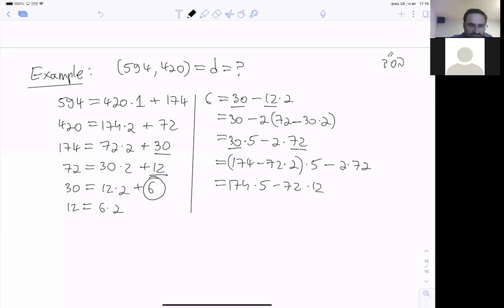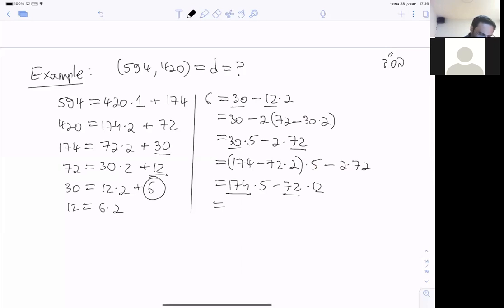So I'm opening the little computer here, and I'm checking whether it's still 6. Yes, okay.